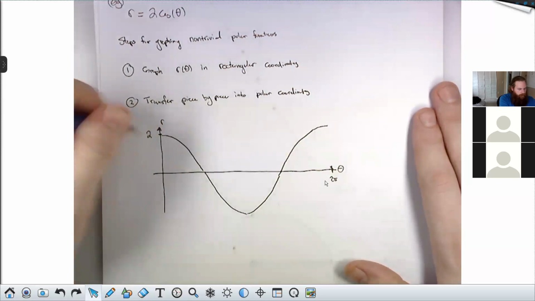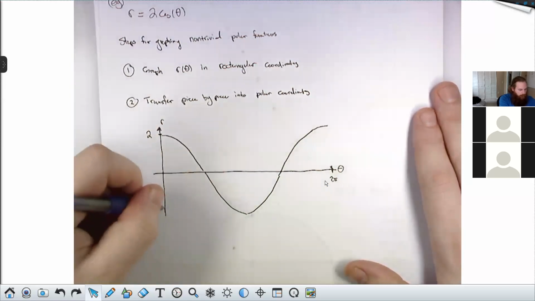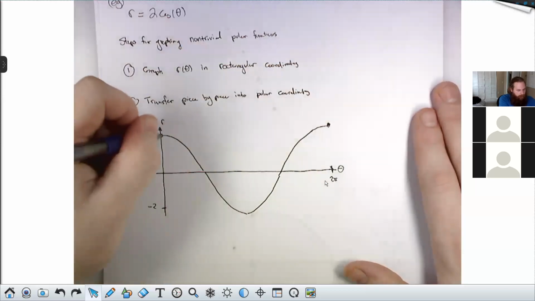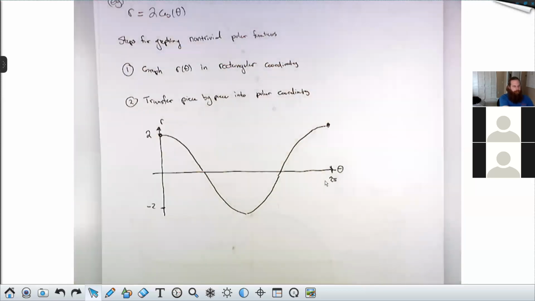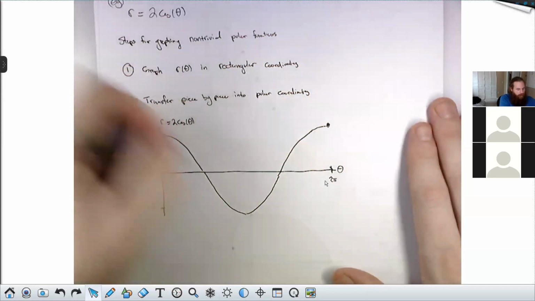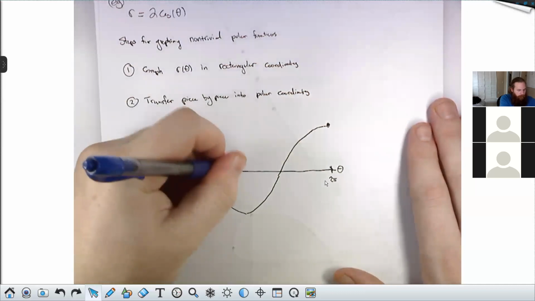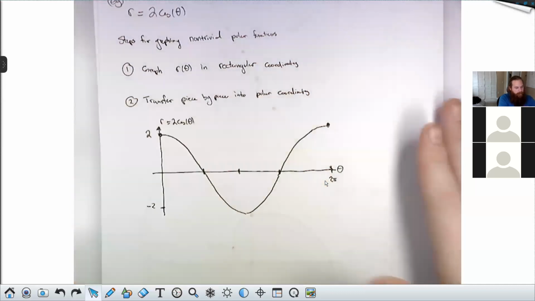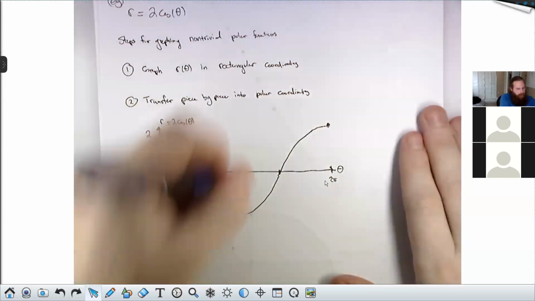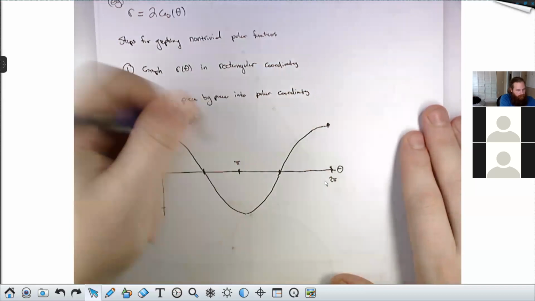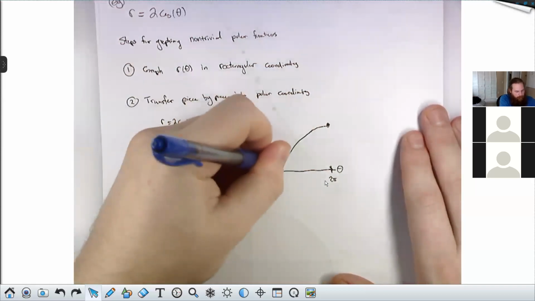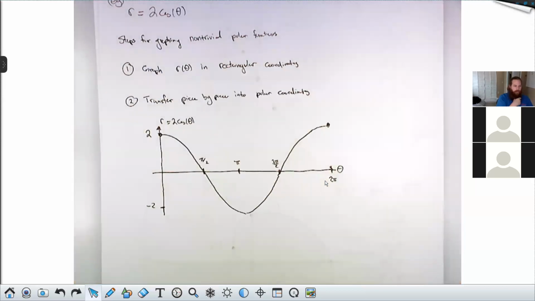We start here at 2, we come down as far as -2, and from 0 to 2 pi, r equals 2 cos theta looks like this. I want to make note of any important points on this graph, any mins, maxes, or x-intercepts. So this is pi. This guy here is pi over 2. This guy right here is 3 pi over 2, and that's 2 pi.